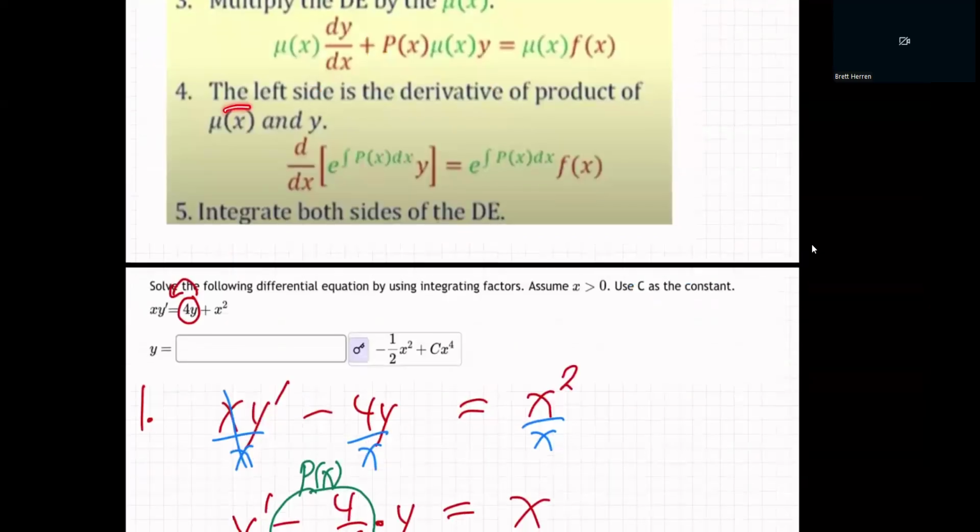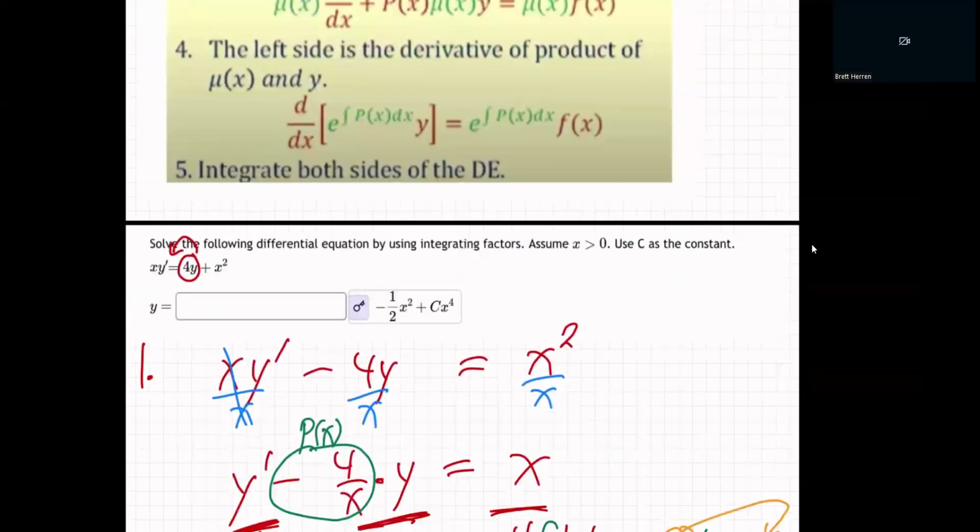Step 4 says the left side is the derivative of the product of the integrating factor mu of x and y. So write it as the derivative of those two things multiplied.